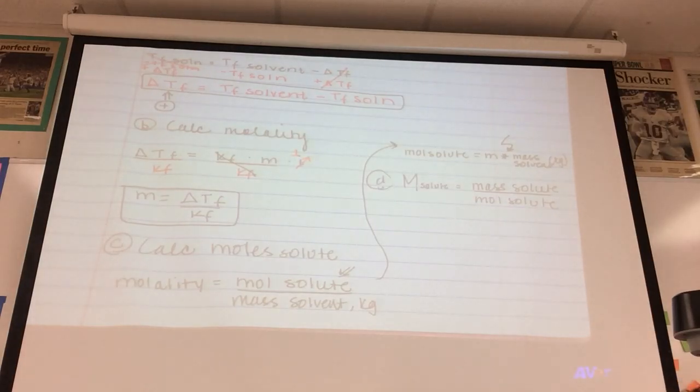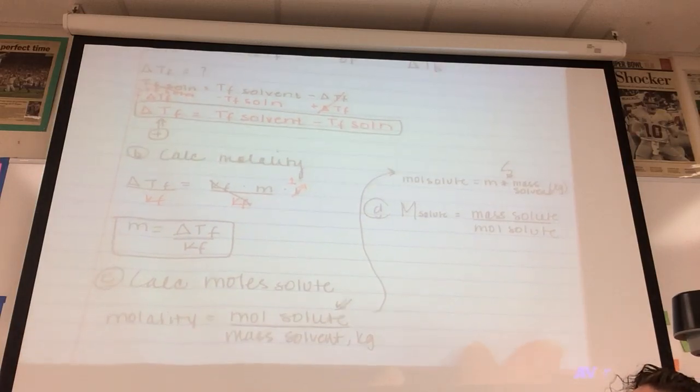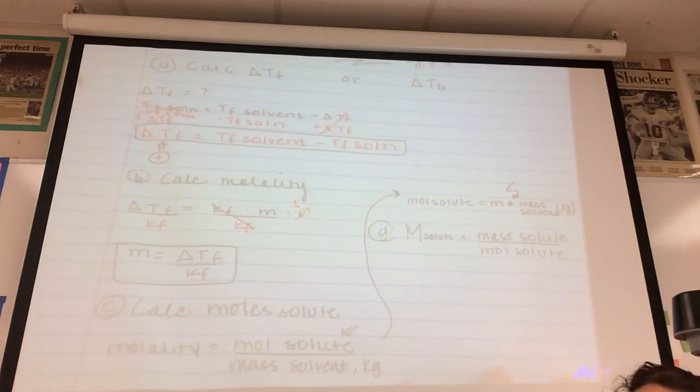And what you can see here is you basically have a chain. So these steps must be processed in the correct sequence. You get delta TF, and then you use it to get the molality, and then you use the molality to get the moles of solute, and then you use the moles of solute to get the molar or molecular mass of the solute.